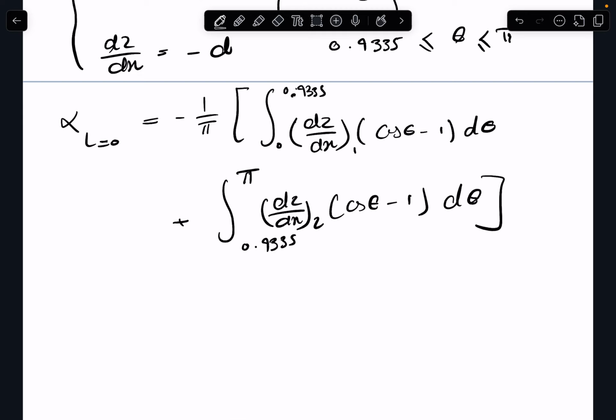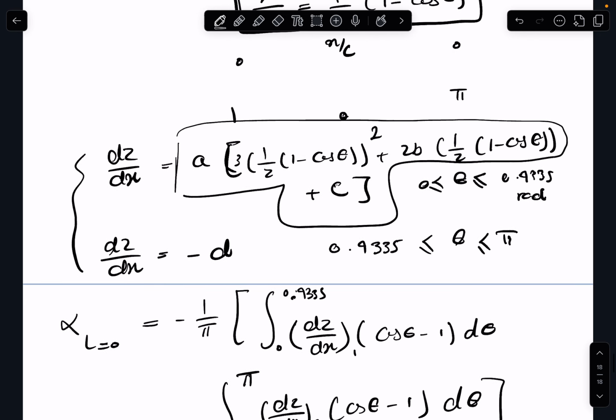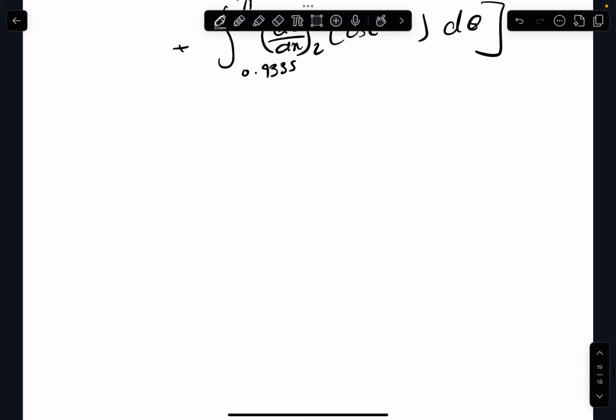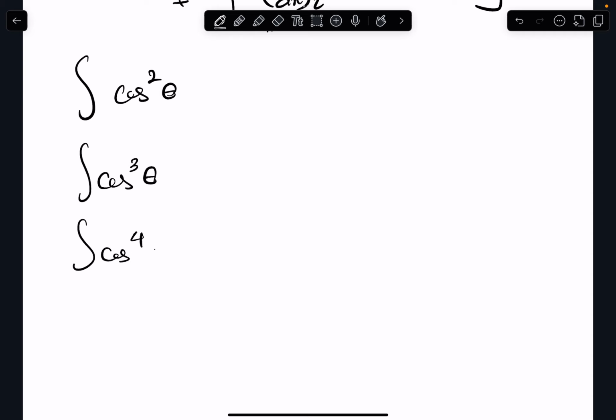Okay, so the rest of this integral is pretty simple. You just have to expand all of these terms and simplify them, add them together, multiply them together, and take the integral. The hard part of these integrations is where you end up seeing integral of cosine squared, integral of cosine cubed, and integral of cosine to the fourth.